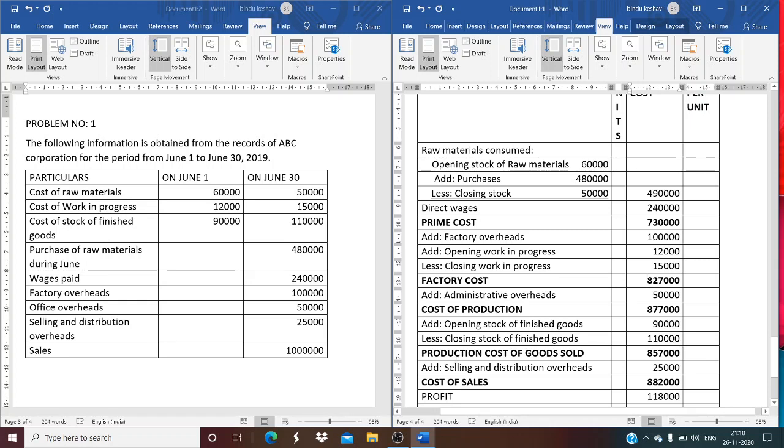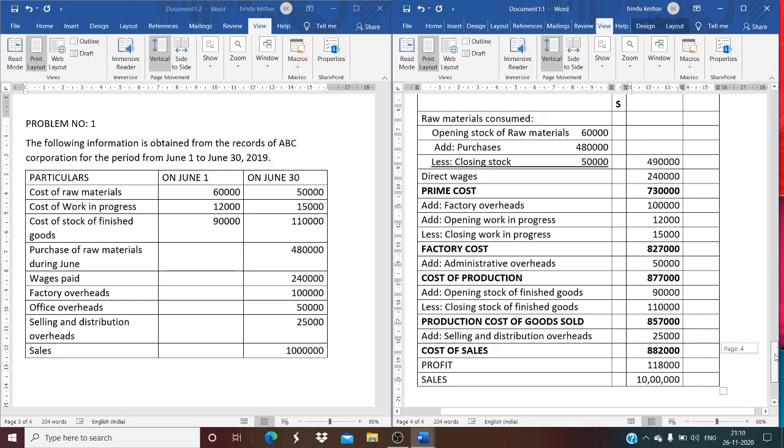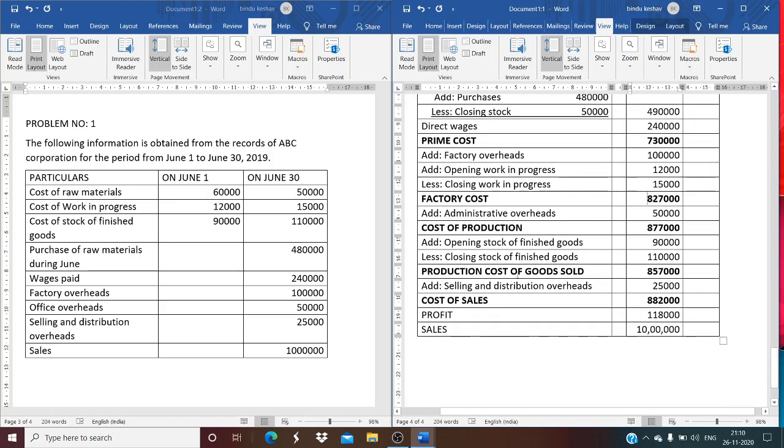So what we get is the production cost of goods sold, 8,57,000. To the cost of goods sold, we are going to add the selling and distribution overheads, rupees 25,000. So the cost of sales is equal to 8,82,000. And then we leave space to find out the profit or loss, and then the sales.